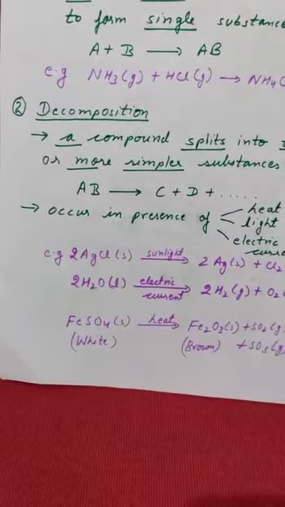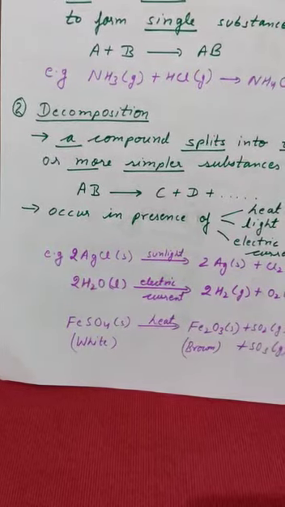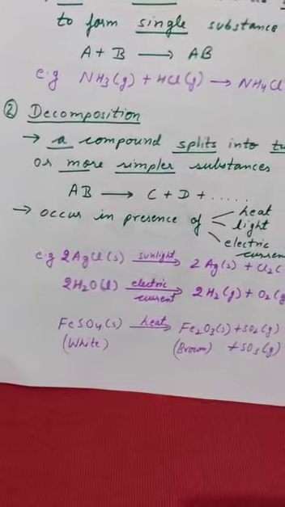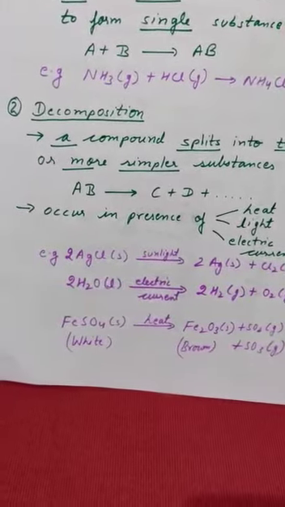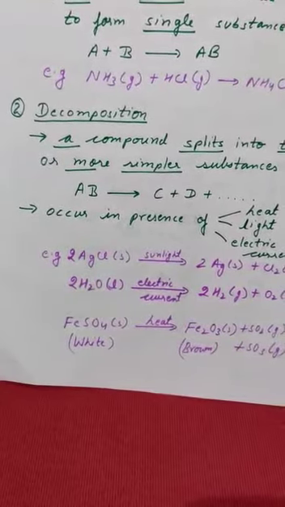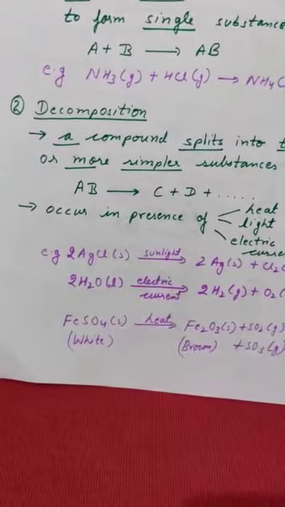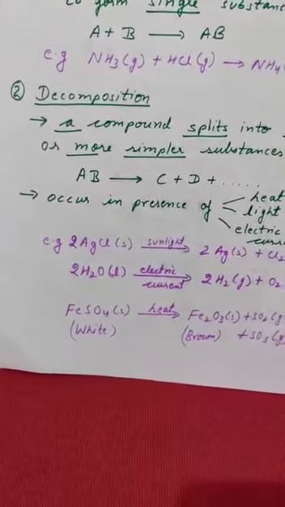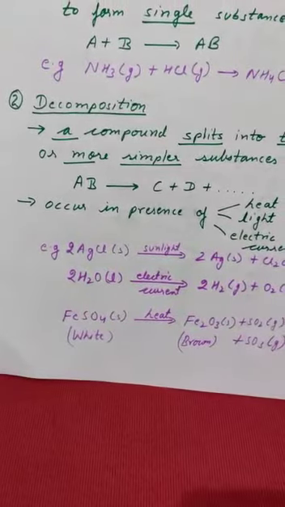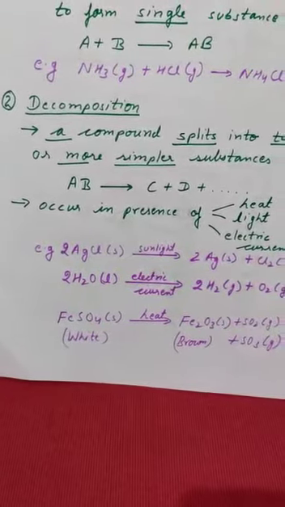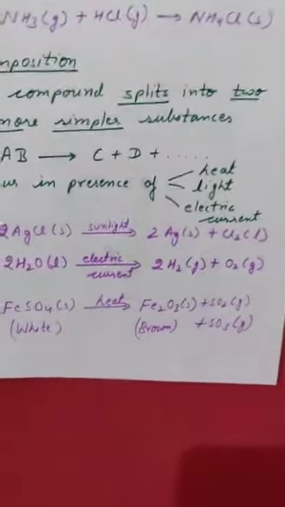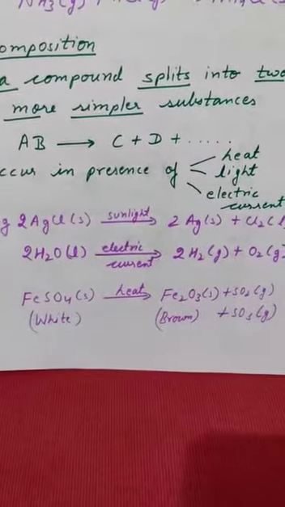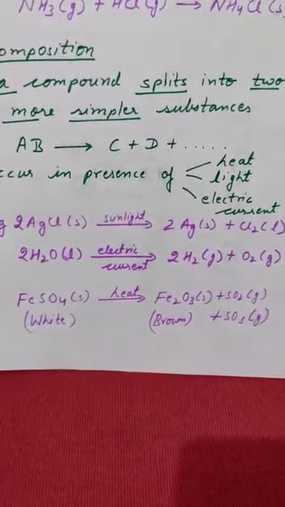For example, if AB is a compound, it will split to give C and D substances which are simpler than AB. And this decomposition reaction occurs either in the presence of heat, light, or electric current.